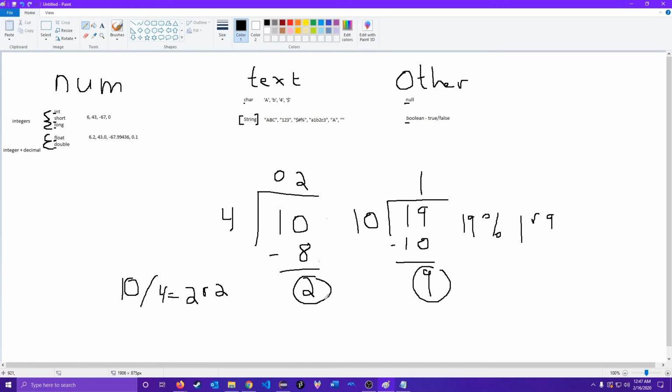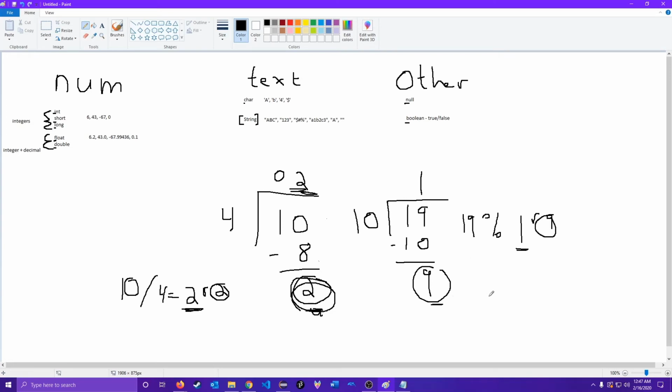So when we say mod, we're not actually talking about this number, or this or this. I'm sorry, not these numbers. When we say mod, these are the numbers that we're talking about: these remainders, right? So 10 divided by 4 equals 2, and 10 mod 4 happens to be 2.